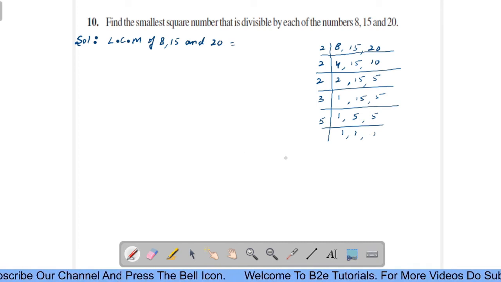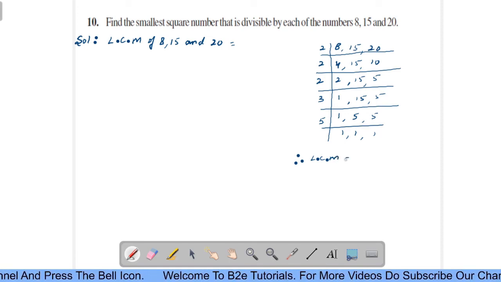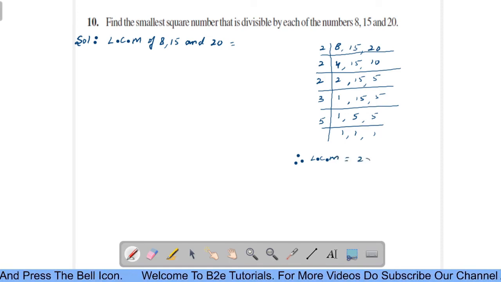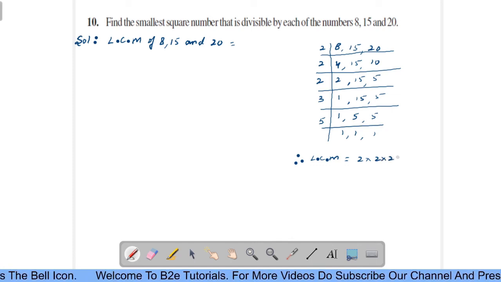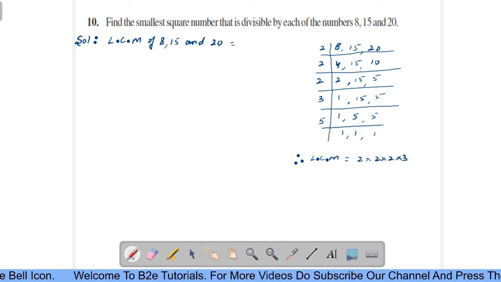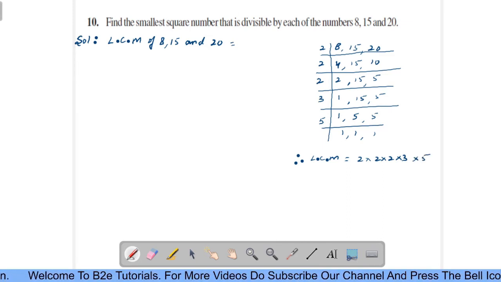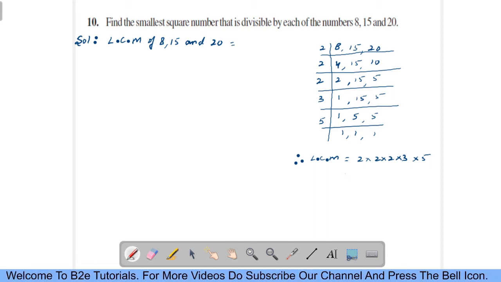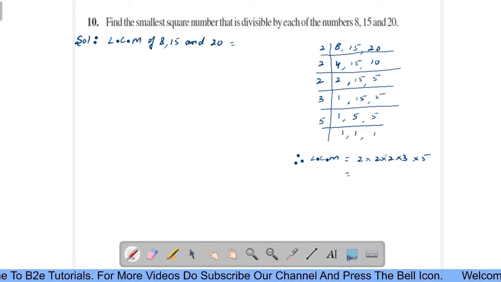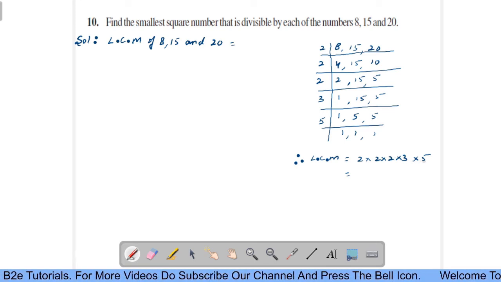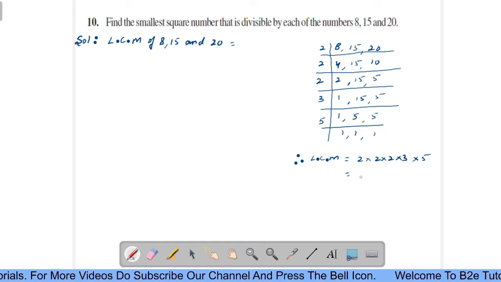Therefore LCM will be 2 into 2 into 2 into 3 into 5. Multiply this: 2 twos are 4, 2 fours are 8, 8 threes are 24, 24 fives are 120.